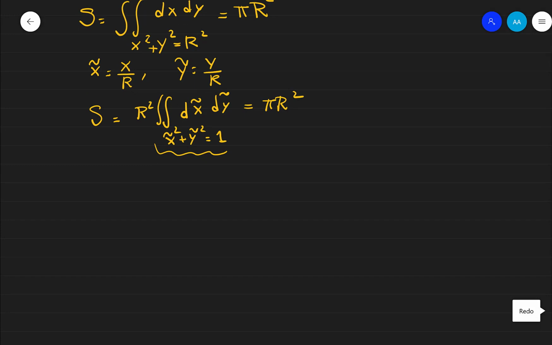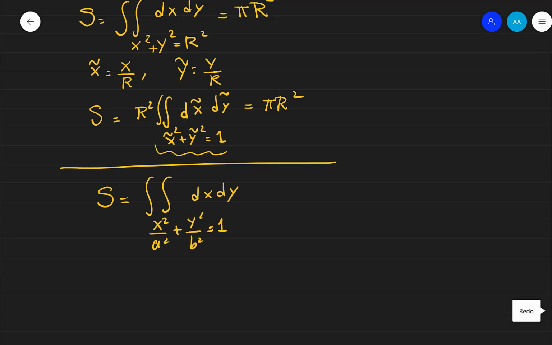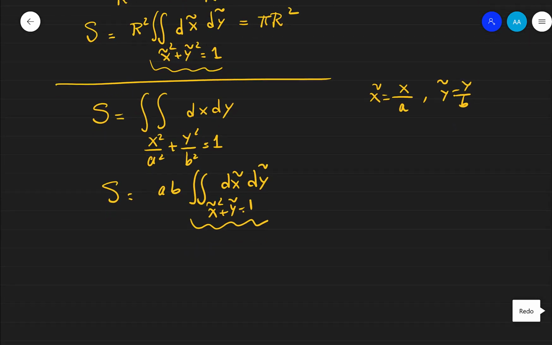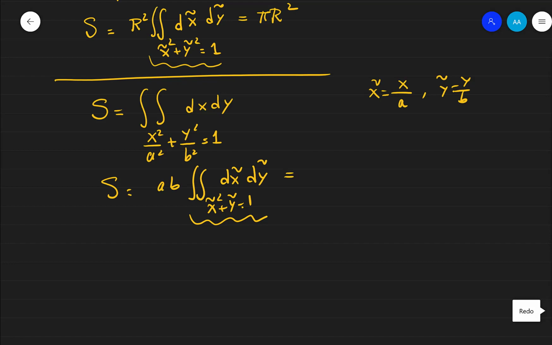But for an ellipse, the integral is dx dy, whose boundary is given by the ellipse equation. By non-dimensionalizing this integral with these equations, we obtain a dimensionless constant, which is equal to pi. So the surface area of an ellipse is pi AB.